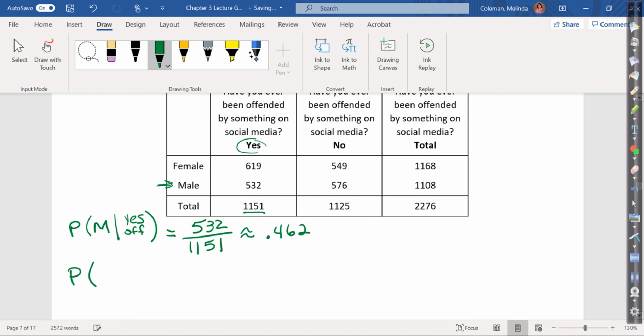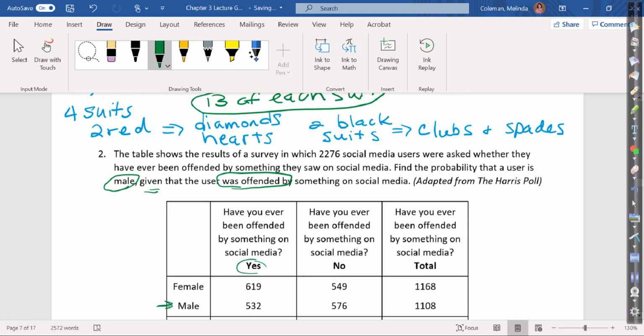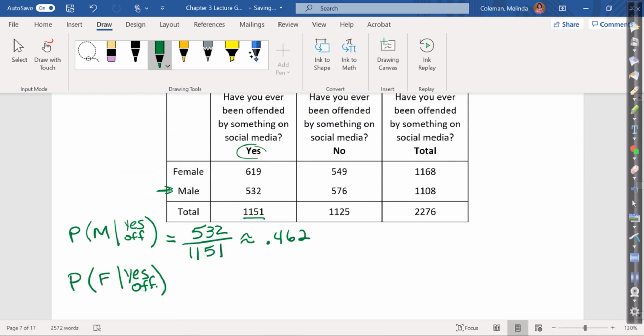So let's do another one real quick. What's the probability that it is female, given that they were offended? So same grouping, same category, same part of the chart we're looking at, only this time we want the females that were offended.